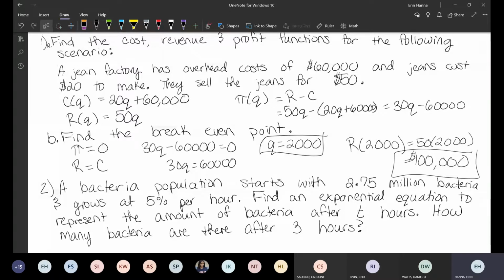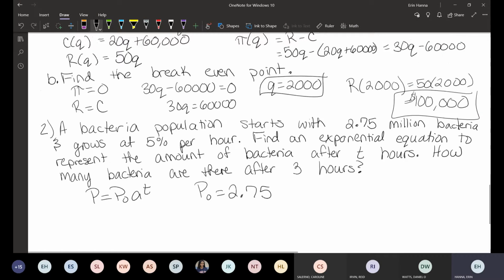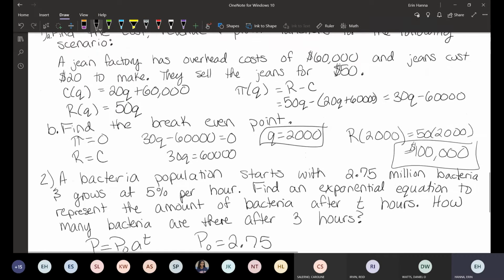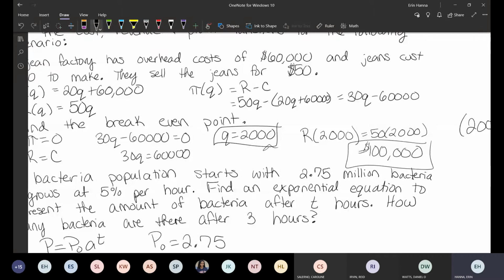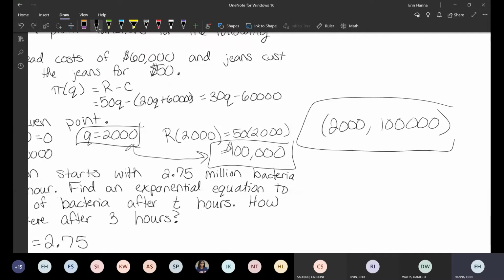Ooh, speed read. So remember, for exponential functions, we've got some P naught a to the t, where P naught is the initial condition, so the initial value here. If you wanted to write the actual point, you can just have them like this, but if you wanted to write the full point, you would write it like this.